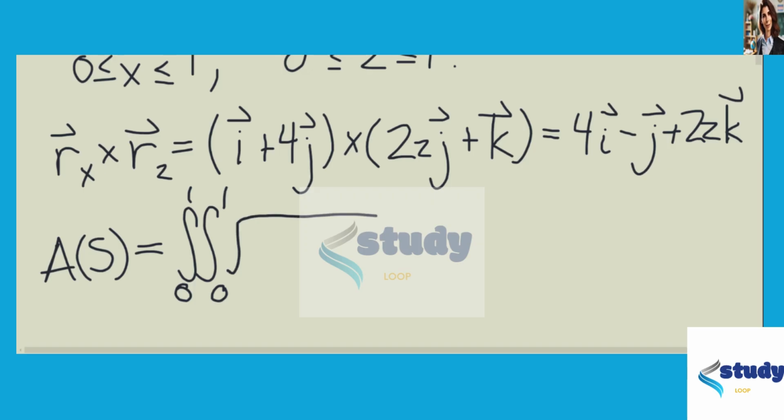So this is 4 squared, which is 16, plus 1 squared, which is 1, plus 2z squared, which is 4z squared, dx dz.